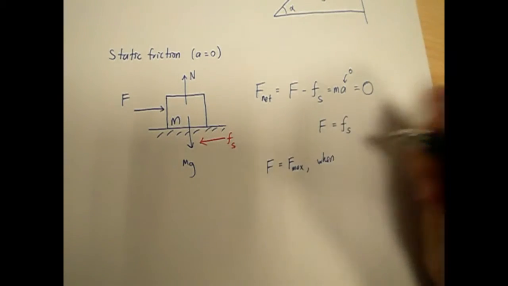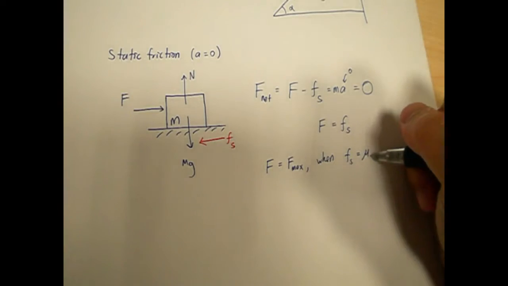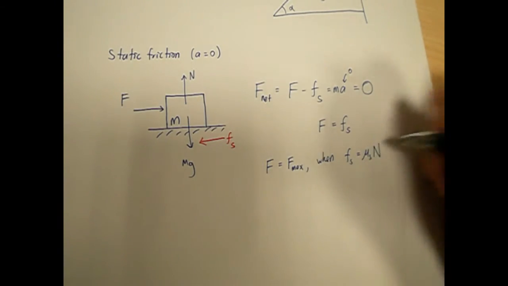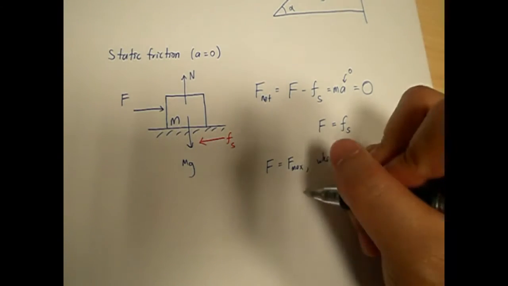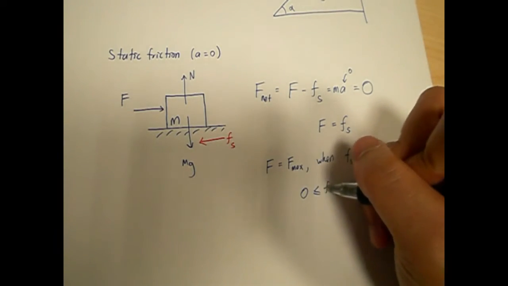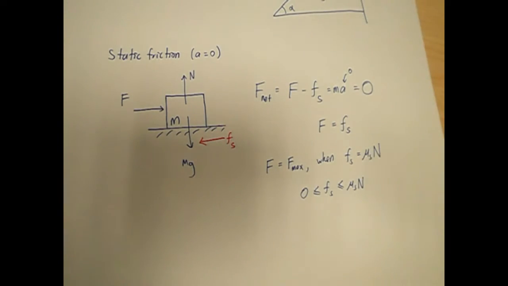This value will be equal to a constant mu s times the normal force. This mu s is called the coefficient of static friction, and its value depends on the surface. Therefore, the possible magnitudes of Fs lie between 0 and mu s times N, depending on the value of the exerted force F.